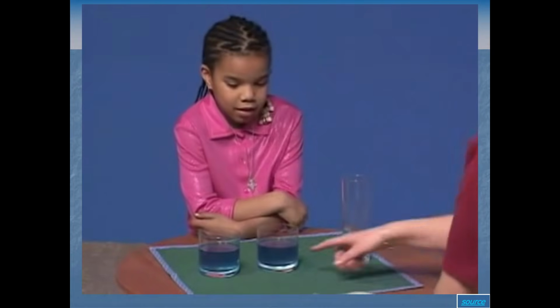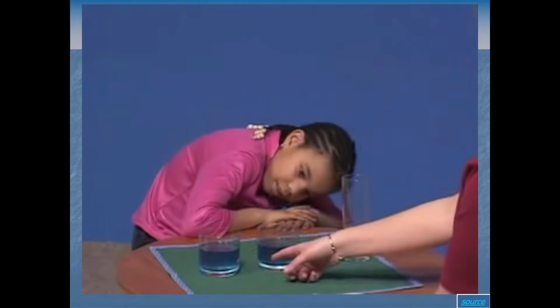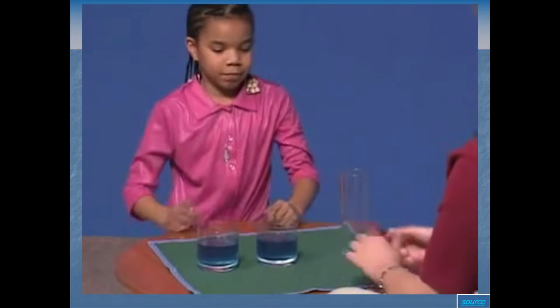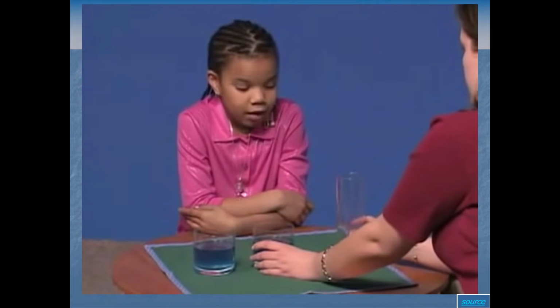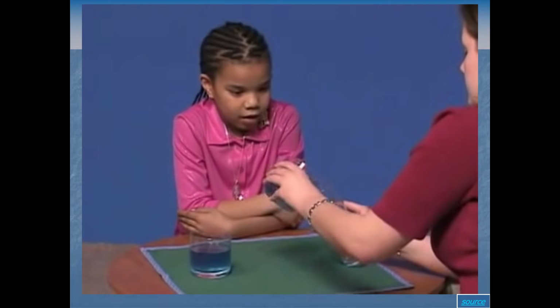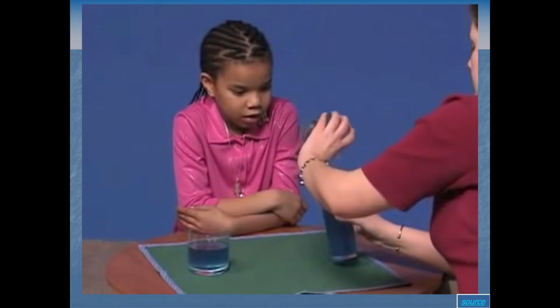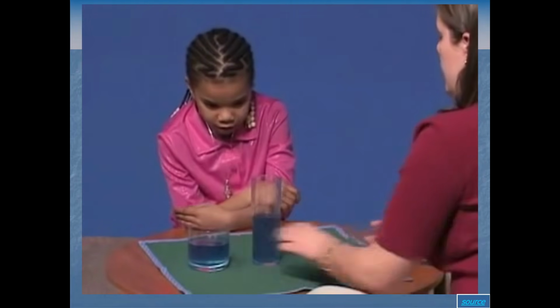So first we're going to look at these two cups right here. Do you think there's the same amount of juice in this glass as there is in that glass? They're even. They're even? Okay. So we're going to take the juice from this glass and pour it into this one right here. Okay, so now we're going to look at this glass and that one.